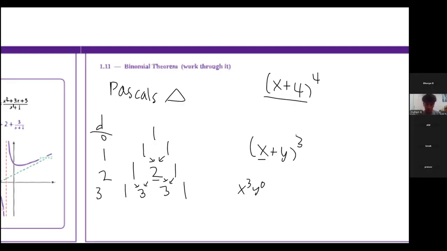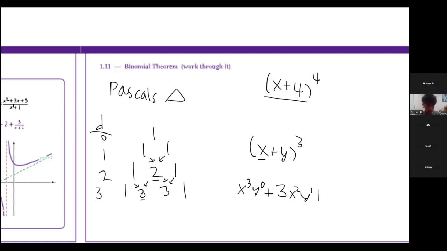So x to the 3 and y to the 0, 3 plus 0 equals 3, right? And then we have our next term. This time, first, let's add our leading number from Pascal's triangle, 3. And then we reduce the degree of x by 1. So 3x squared. And then we increase y by 1, y to the 1. Again, the degree of x is 2, the degree of y is 1, so 2 plus 1 equals 3. So it's following that pattern.